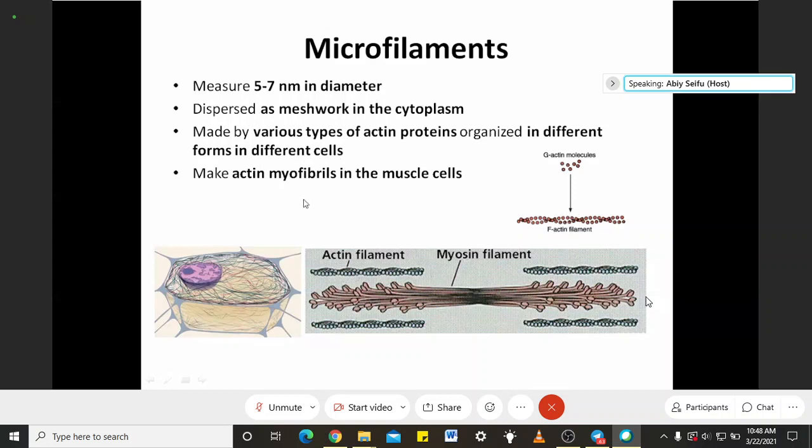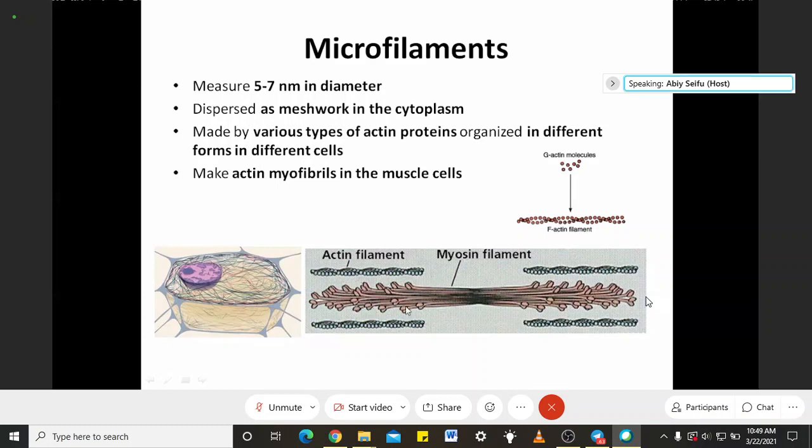One type of actin, for example, makes the myofibrils in muscle cells. The myofibrils slide in and out over another protein, myosin, which acts like a motor protein for muscle contraction. So these are the microfilaments.